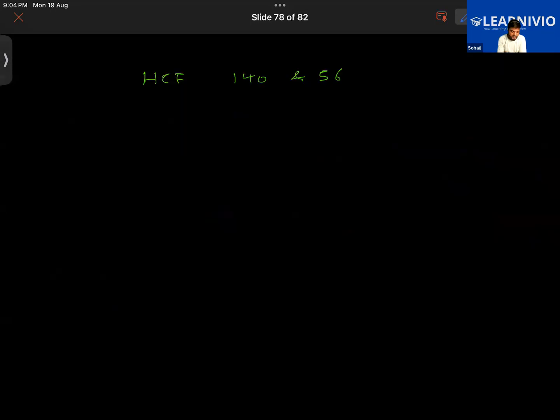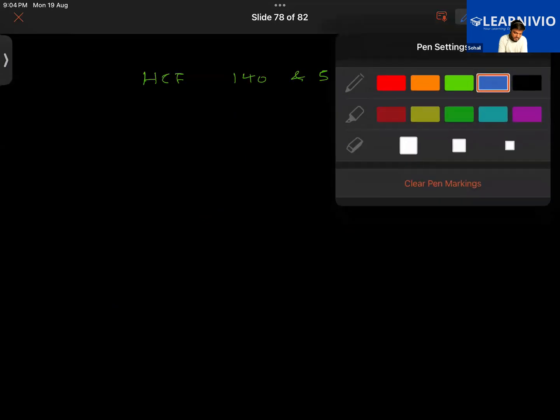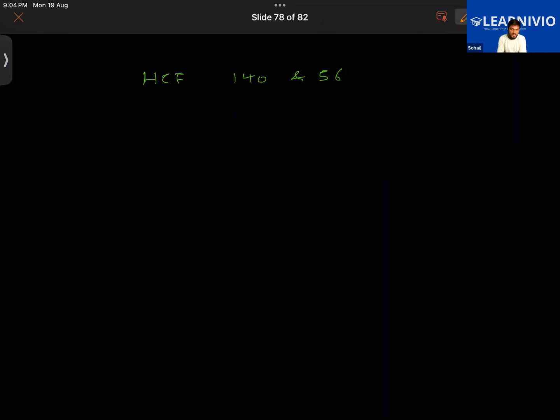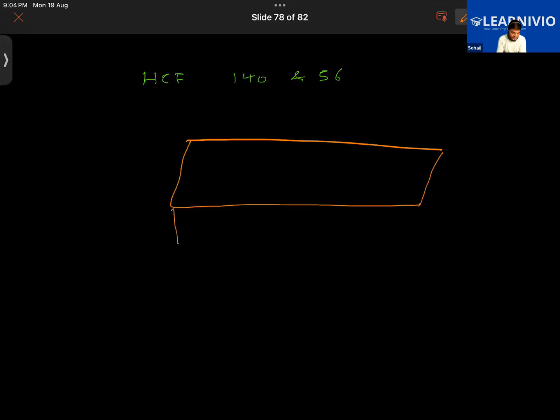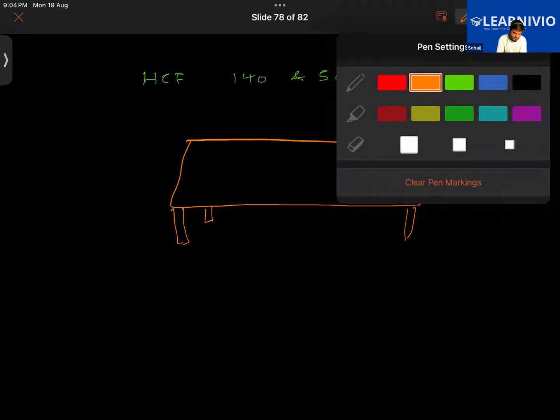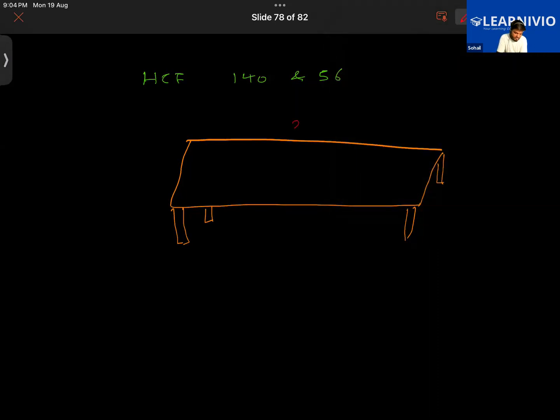What I mean to say is, say that you have to measure the edge of your study table, and say that the edge of your study table has a measurement of, let us say, 20 meter, for example.